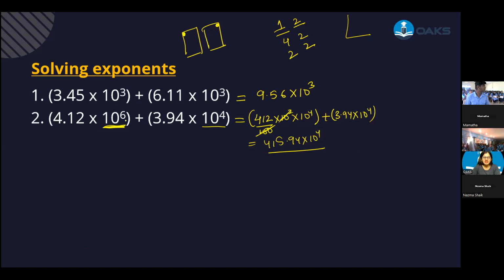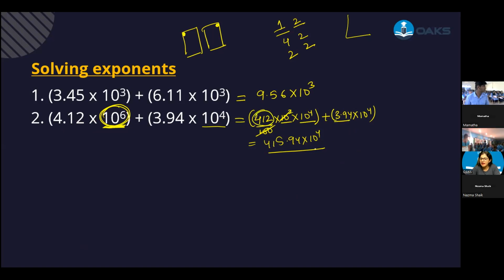See, 4.12 can be written as 412 by 100 into 10 square. I am just separating 10 raised to power 6 as 10 square and 10 raised to power 4. Is that correct? Plus 3.94 into 10 raised to power 4. Now I am only left with 412 and 3.94.